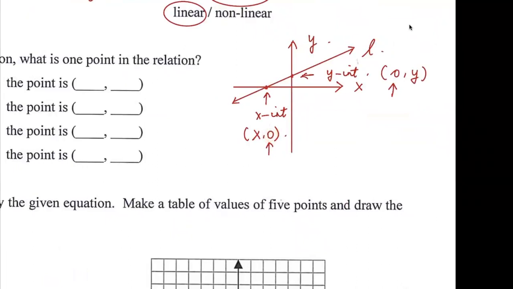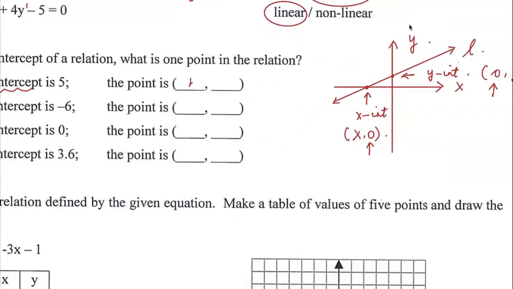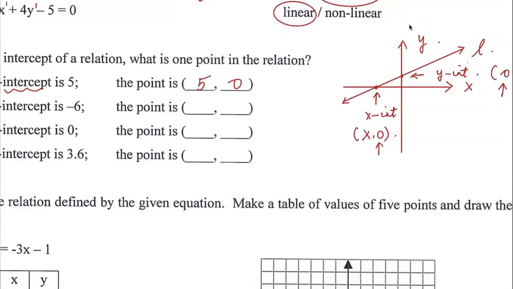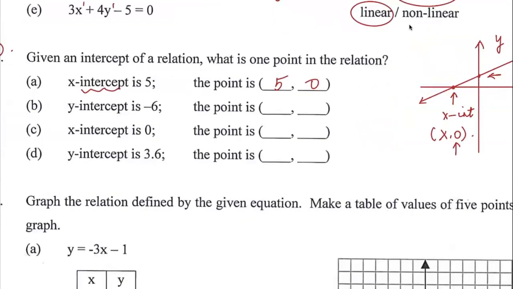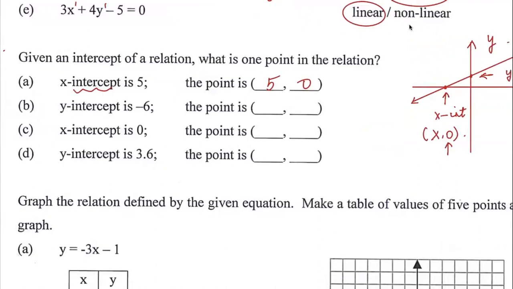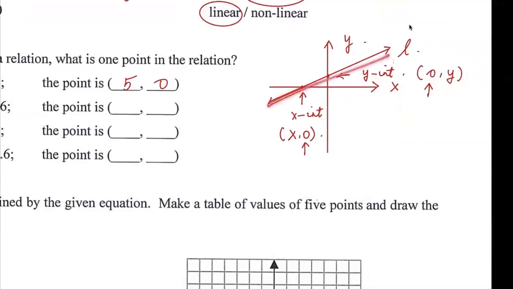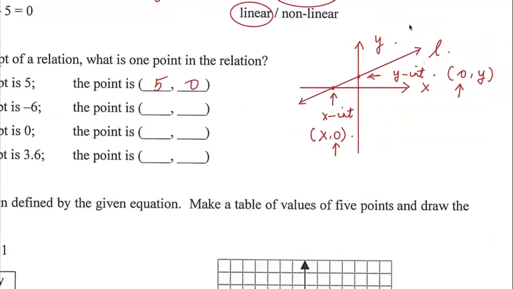So the point is simply (5, 0). That's how easy it is. When we have a y-intercept -6, okay, this graph is not accurate, but it explains the logic, right?